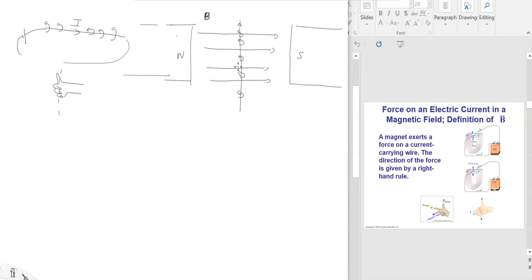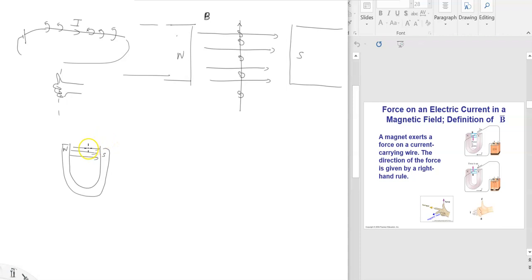So if you look at the diagrams, you see the U-shaped magnet, and north and south, magnetic field going like this. We place a conductor.